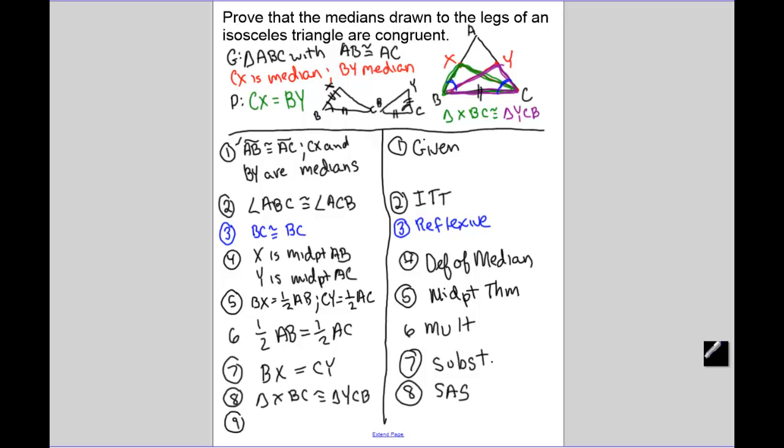And then lastly, we can say that CX is congruent to BY by CPCTC. So that's a good proof, because remember, in this, the goal of the class is for me to give you a sentence, you guys to pick out the given, the proof, draw me a picture, and write a 2-column proof.